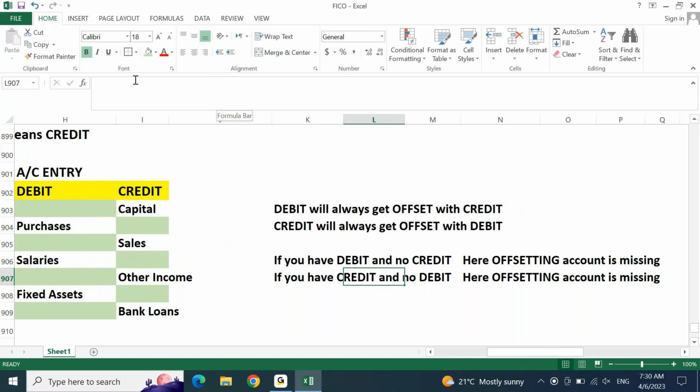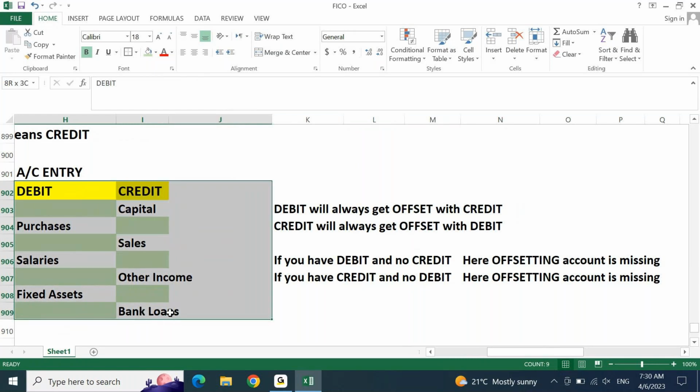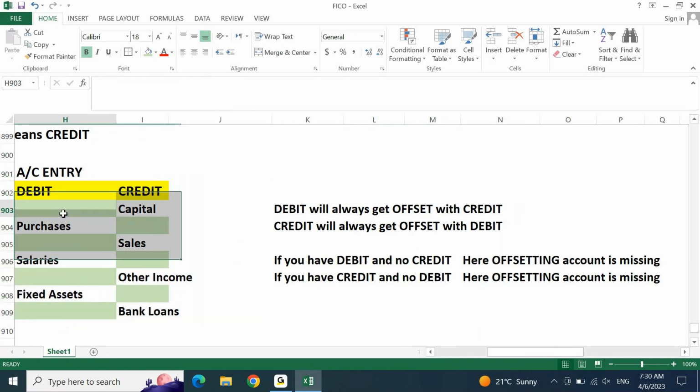Now, if I look at the first one, do you have full debit and credit or is something missing? Debit is missing, sir. So in the debit, you need to maintain one offsetting account. Which account?